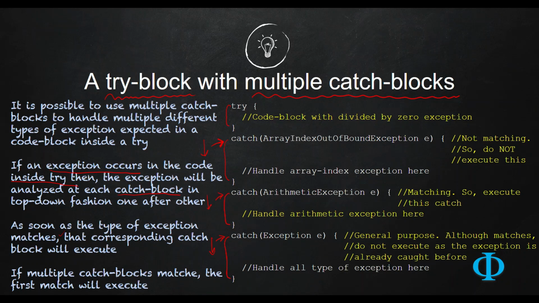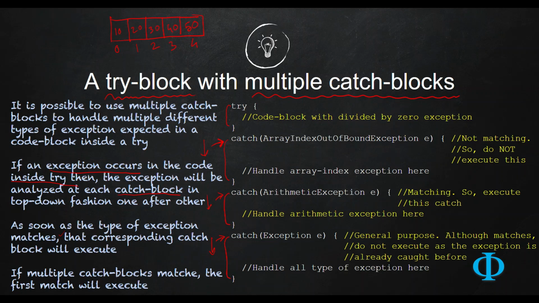So for example, let us say now you are trying to divide two numbers at the end of an array. Let us say you have an array of size 5, with indices 0, 1, 2, 3, 4, and let's say the numbers are 10, 20, 30, 40, and 50.